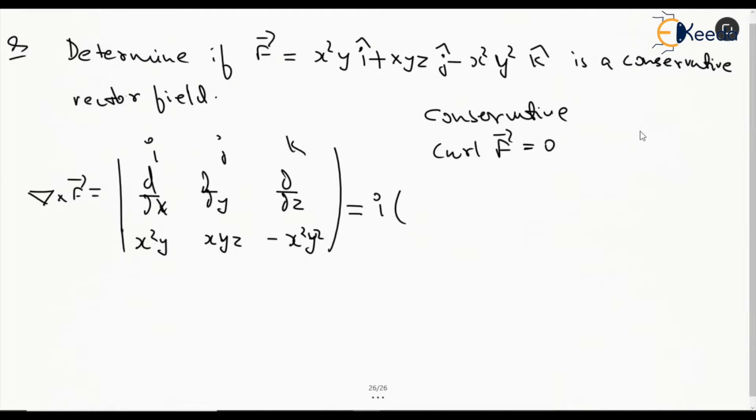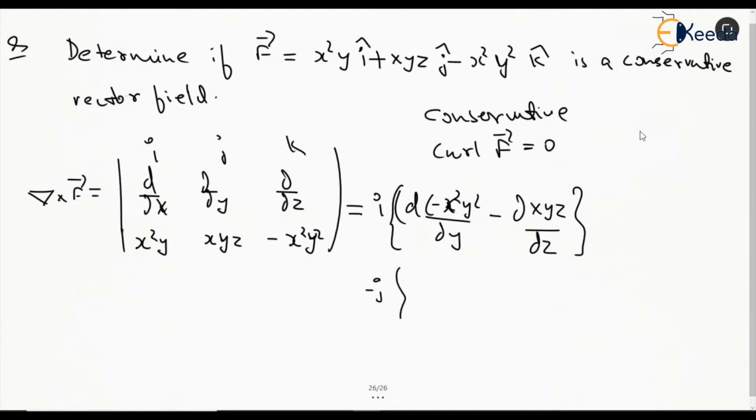In that case, we'll get the i component as d of minus x squared y squared with respect to y, minus d of xyz with respect to z.